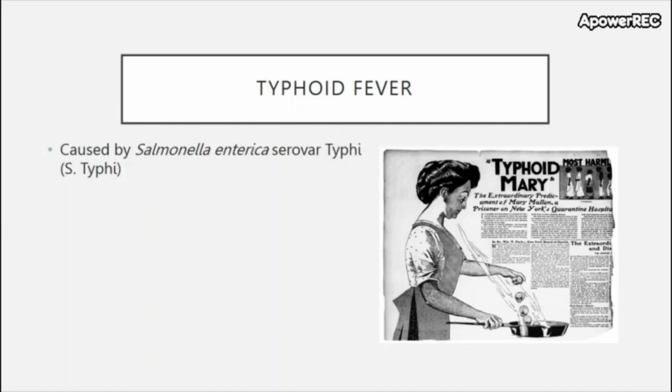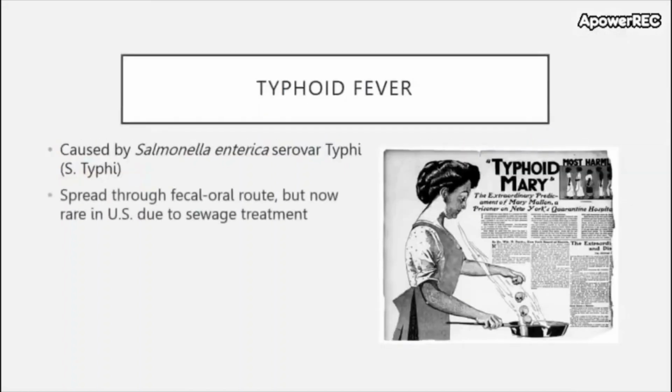And this brings us to typhoid fever, which is caused by Salmonella enterica serovar Typhi, also known as S. typhi. It's spread through the fecal-oral route and is now rare in the U.S. due to sewage treatment.